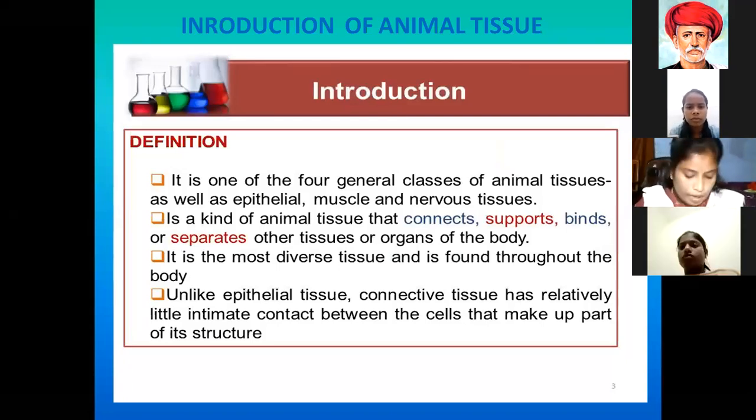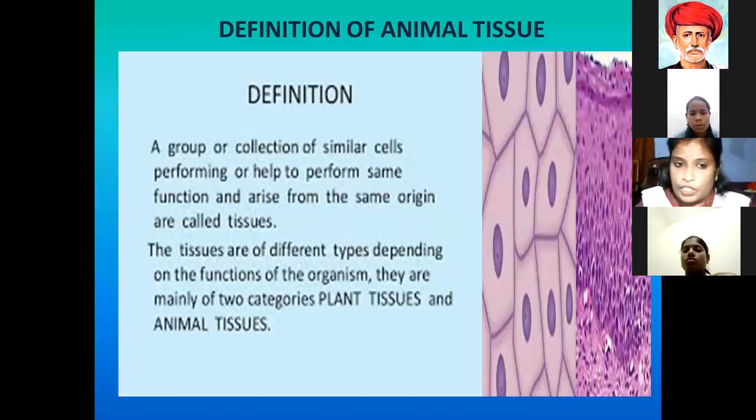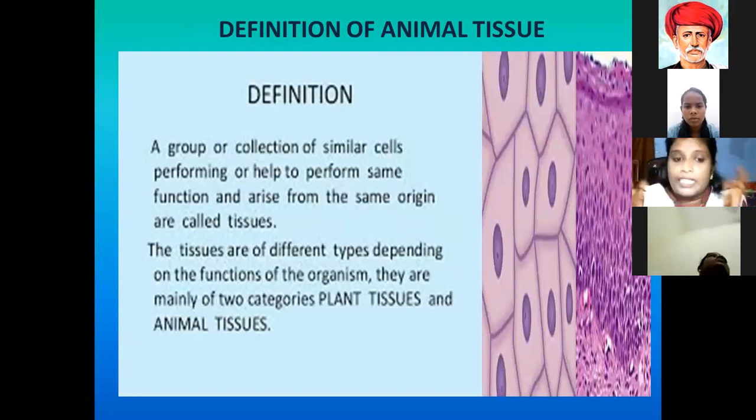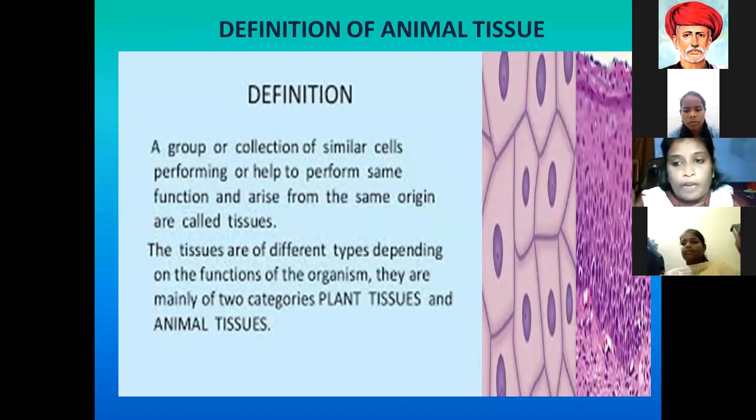Okay, what is the definition of animal tissue, ma? A group or collection of similar cells performing the same function, arising from the same origin, are called tissues. We know many cells make up tissue.